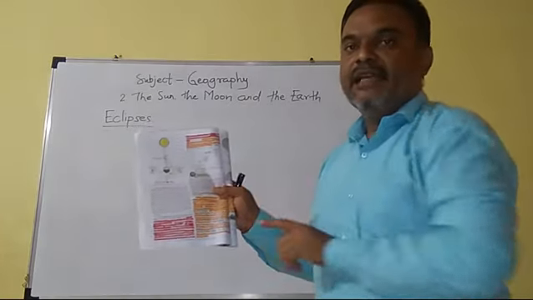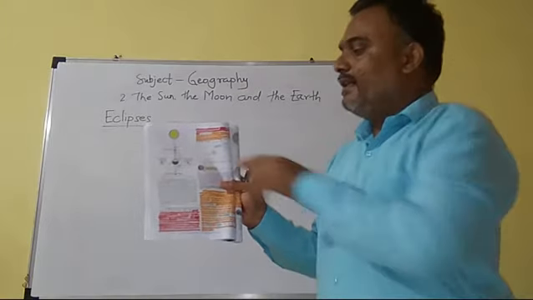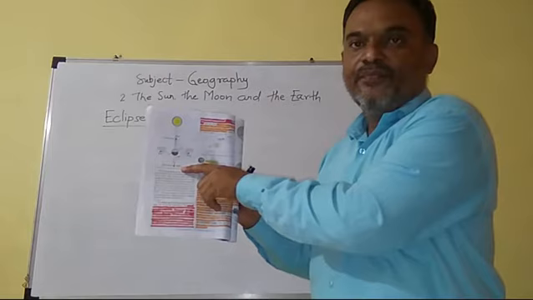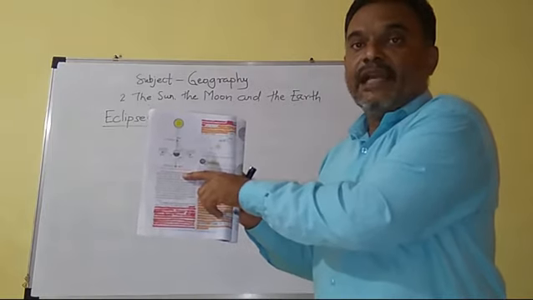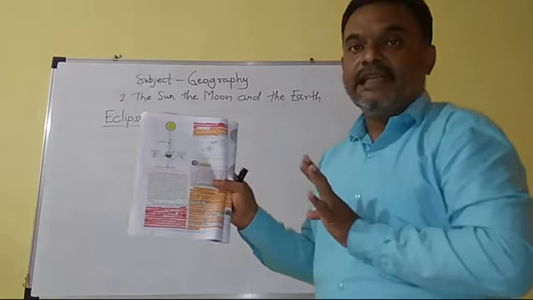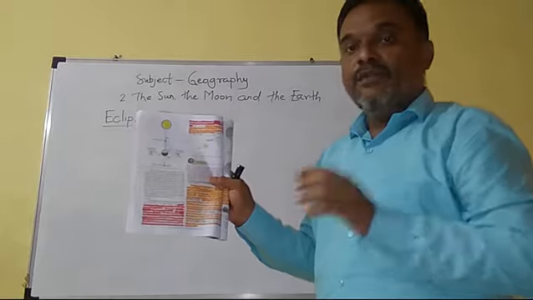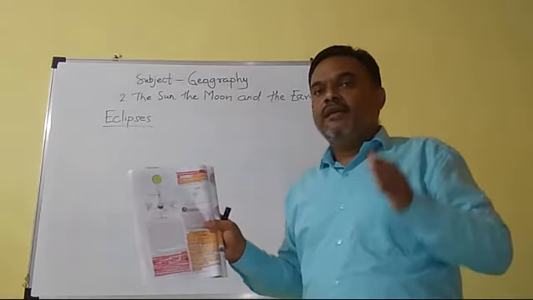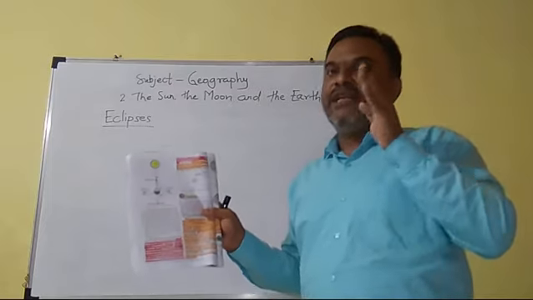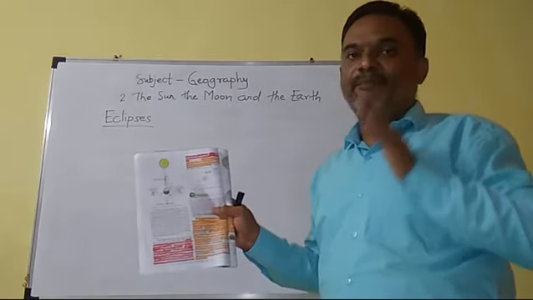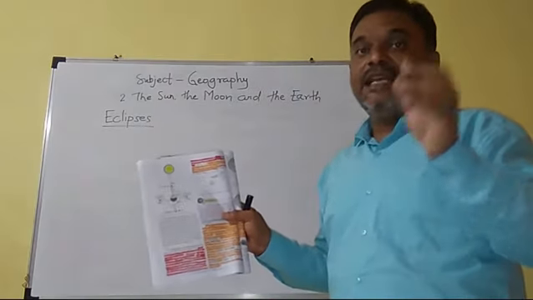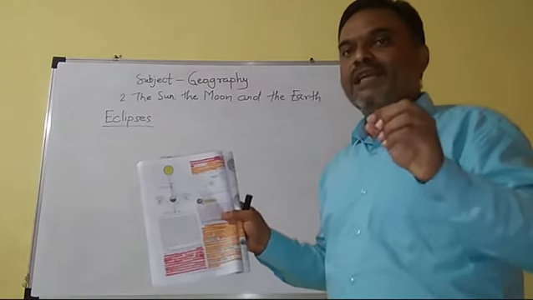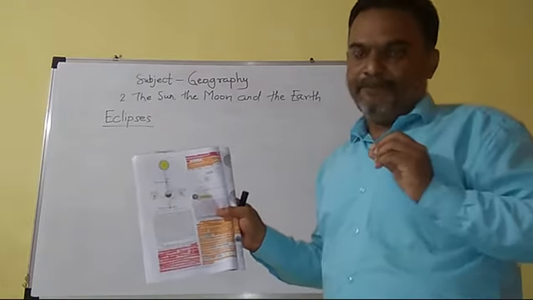While on full moon day, the sun, the earth and the moon are making an angle of 180 degrees. Even so, the sun, the moon and the earth may not be in one straight line and in the same plane. Hence, eclipses do not occur on every new moon day or every full moon day.